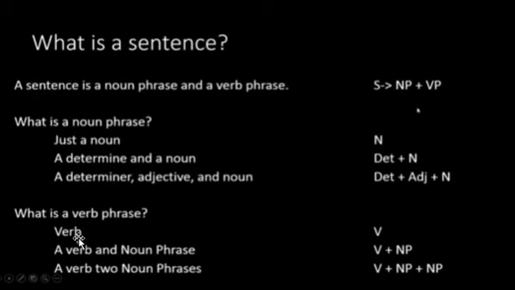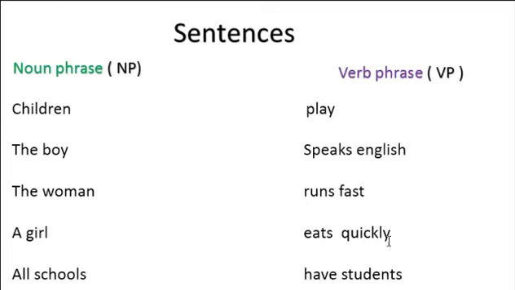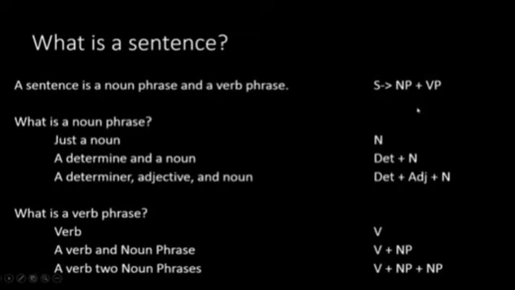The verb phrase: a verb, as I told you before, with the letter V, and a noun phrase, like have students or speak English. And now, for example, a verb and two noun phrases is much better. You can see a sentence with a verb and two noun phrases.